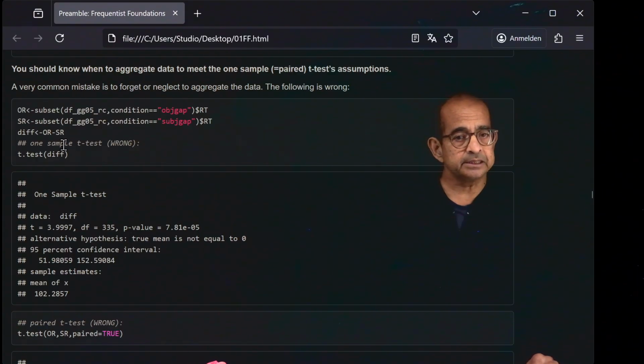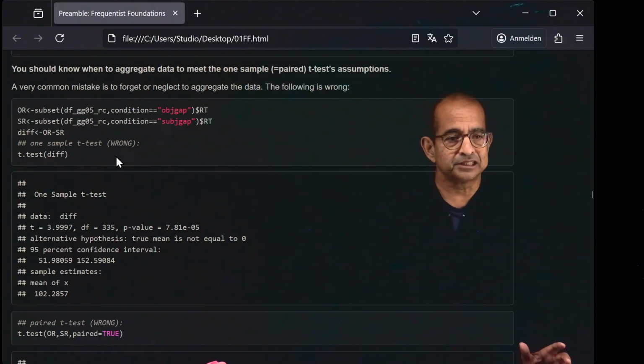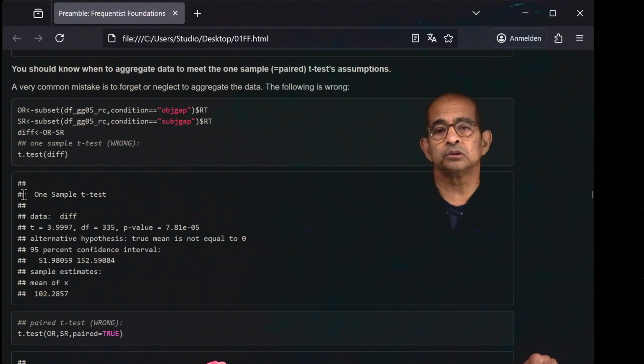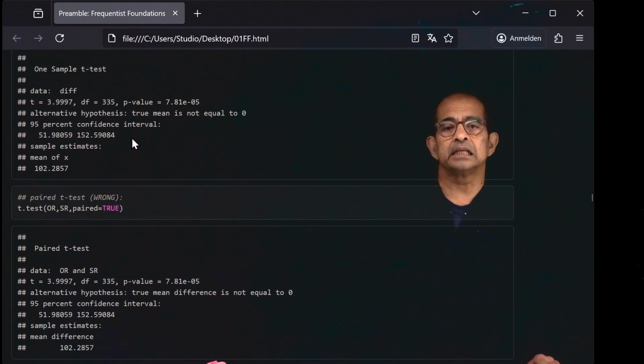So you can easily make all these steps and get a t-value and a p-value printed out from the t.test function, but it will be completely wrong. So let's run a t.test function on the difference score, on the unaggregated differences. And now what you find is that the t-value is even bigger, and the p-value is even smaller.